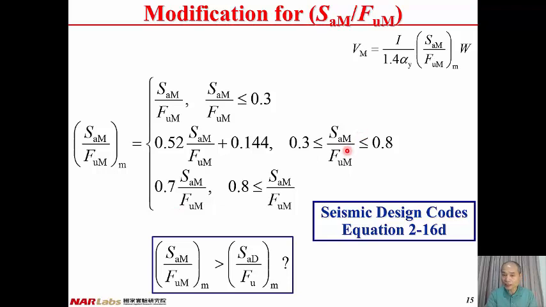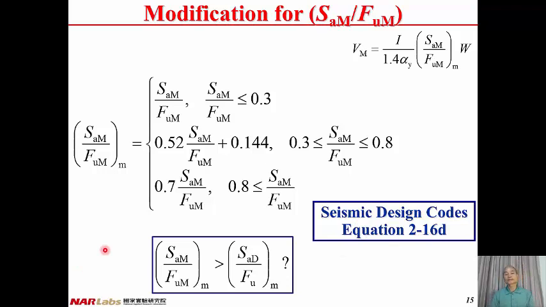When SAM divided by FUM is between 0.3 and 0.8, we use linear interpolation to make the curve continuous. And the equation here is taken from the Seismic Design Code equation 2-16D.